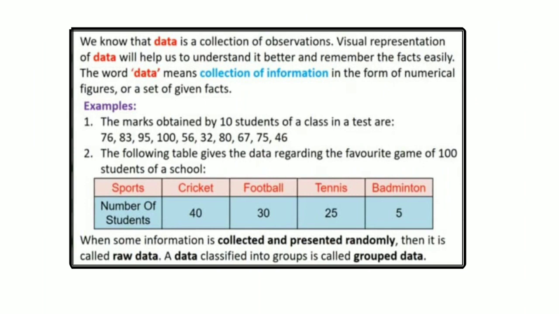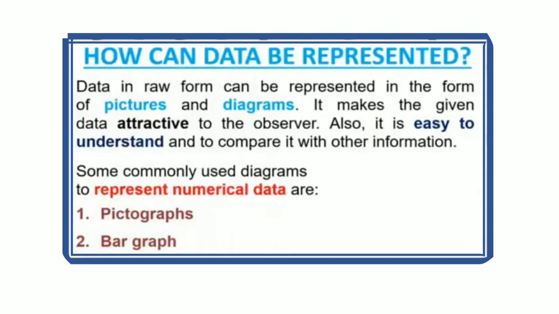Now students, when some information is collected and presented randomly, as in the first example, that is called raw data, and data classified into groups, as in the second example, is called grouped data.